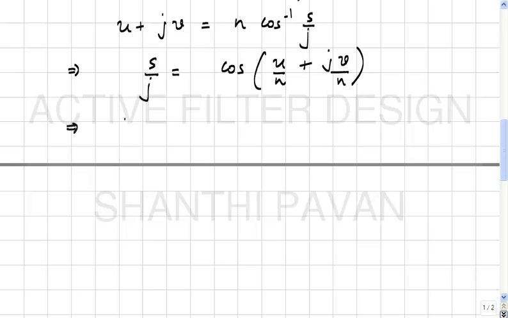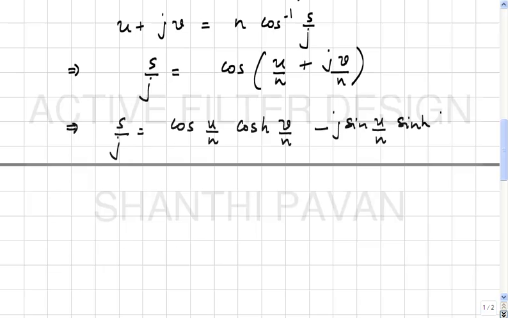Which means s by j is cos u by n cos hyperbolic v by n minus sin u by n j sin hyperbolic v by n. Correct? Is this clear?